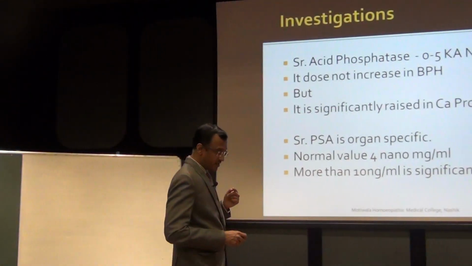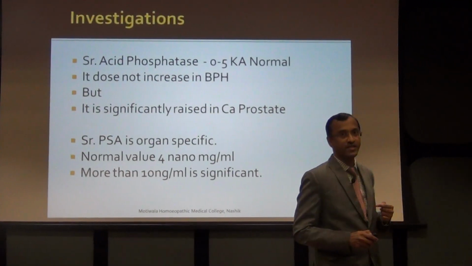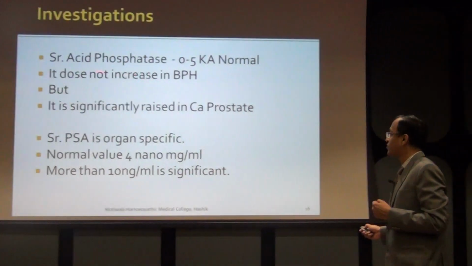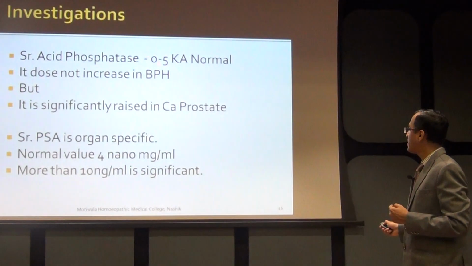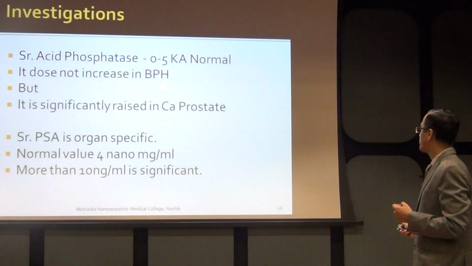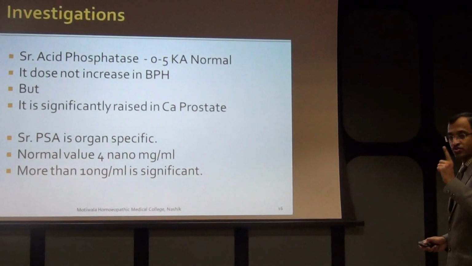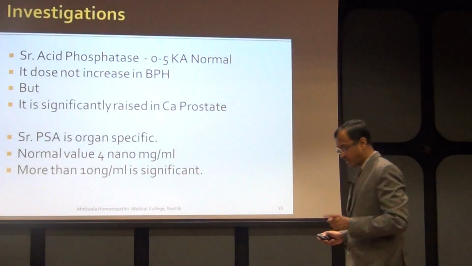Now in serum investigations, one key investigation performed is the serum acid phosphatase level. The normal value of serum acid phosphatase is 0 to 5 King Armstrong units. It does not increase in benign prostatic hypertrophy.